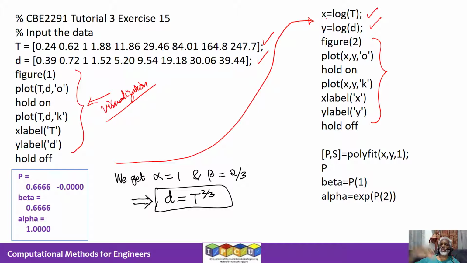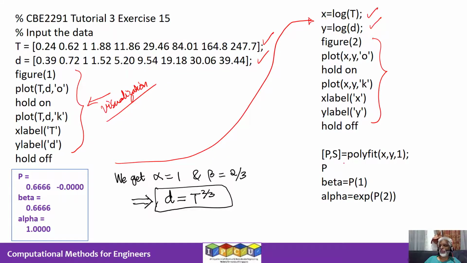The curvature is gone. That means the power law relationship seems to be the correct structure of the relationship. But still we do not know what alpha and beta are. Therefore we are going to find m and c, and then use that to find alpha and beta. In any case, the idea is very simple.